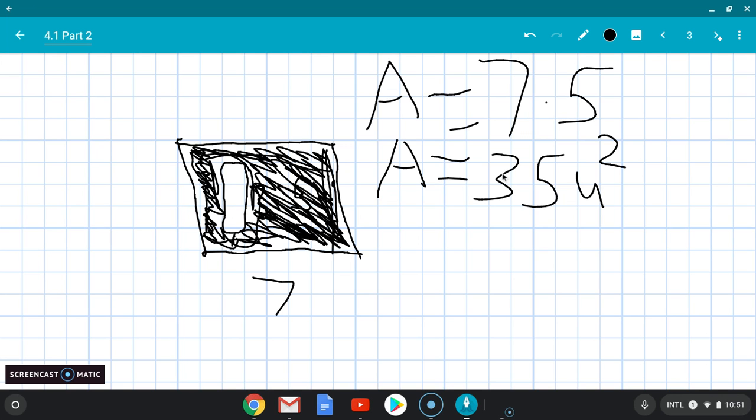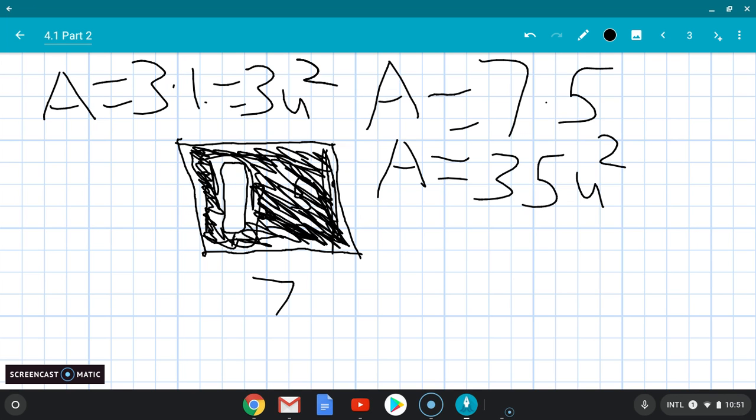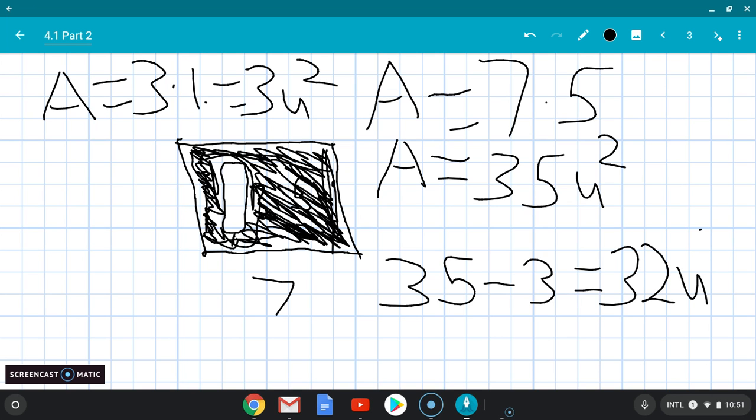The area of a rectangle is length times width. Here we have a length of 3 and a width of 1, so the rectangle has an area of 3 units squared. That's the unshaded region. So we take our whole parallelogram minus the rectangle, and we get an area of 32 units squared.